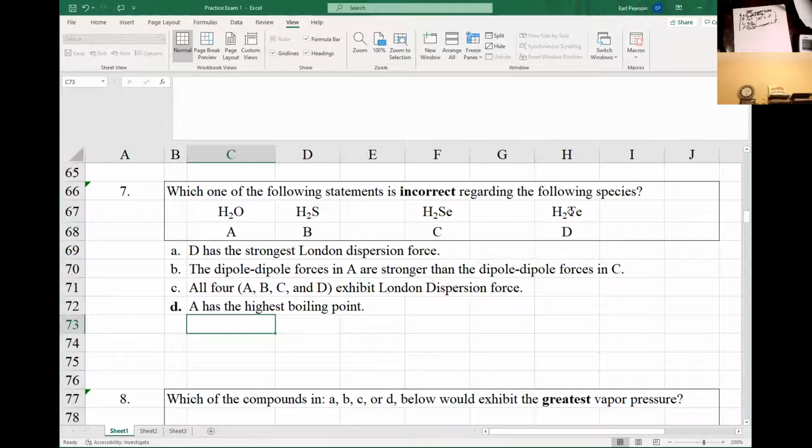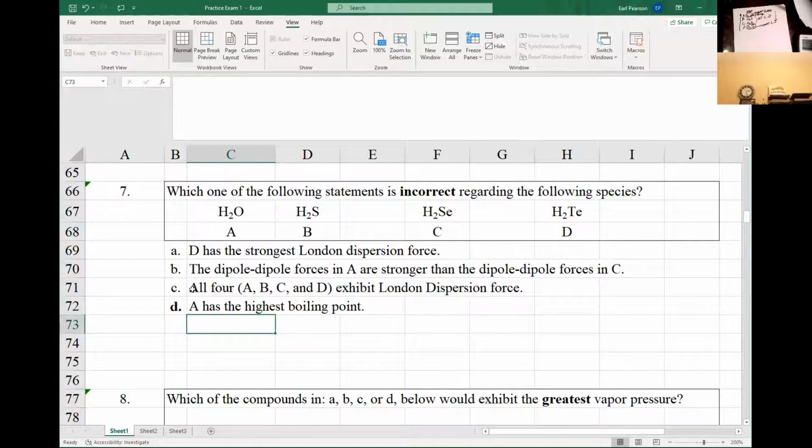Now, D would have the highest London dispersion force. So D has the largest London dispersion, and I think I screwed up when I made this out, but certainly it has the highest London dispersion. The dipole forces in A are stronger than those in any of the others.